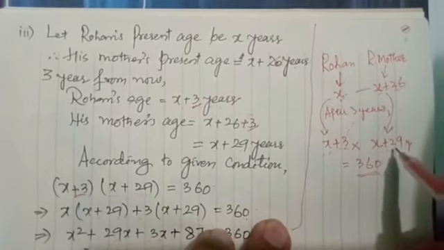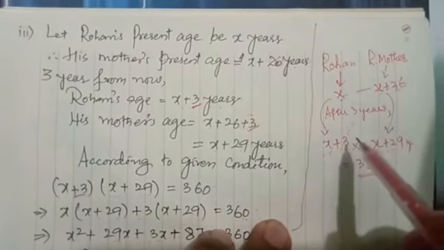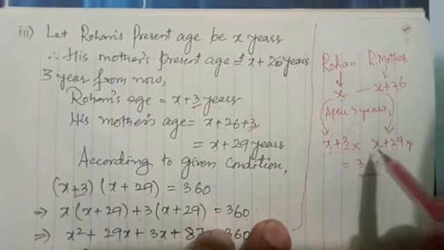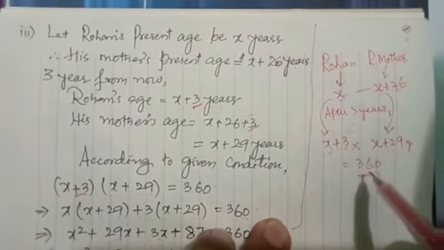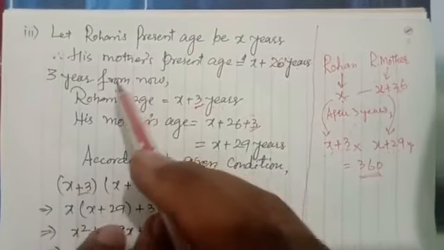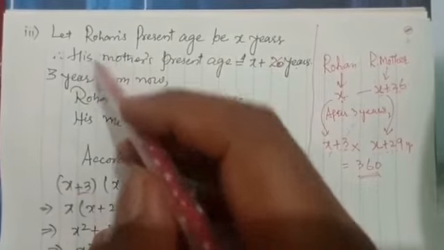So x plus 29 will be her age. And according to the question, after 3 years pass, the product of their ages will be 360. Now we will try to understand the question and study its solution.